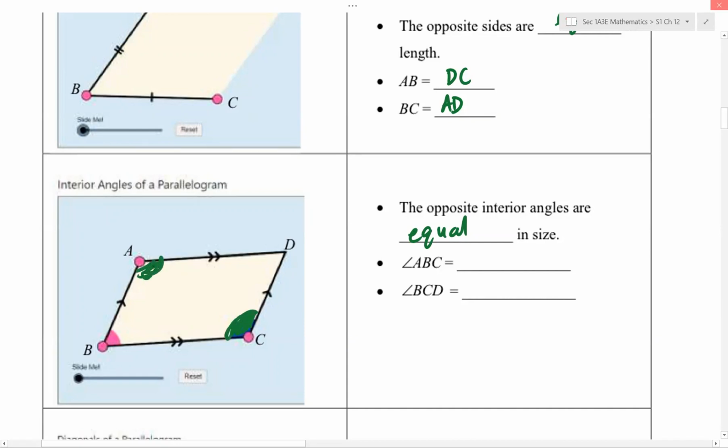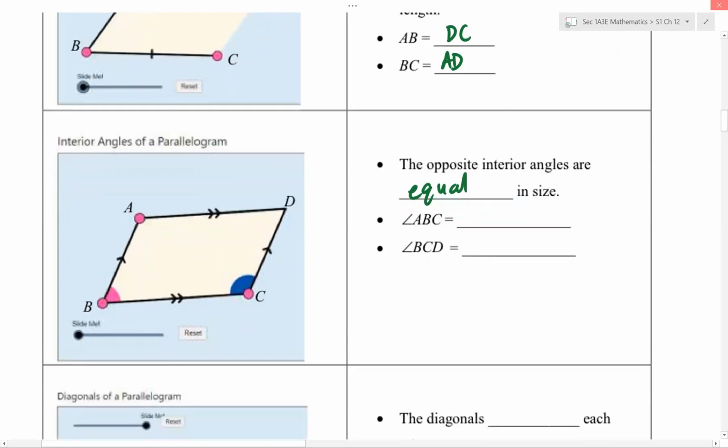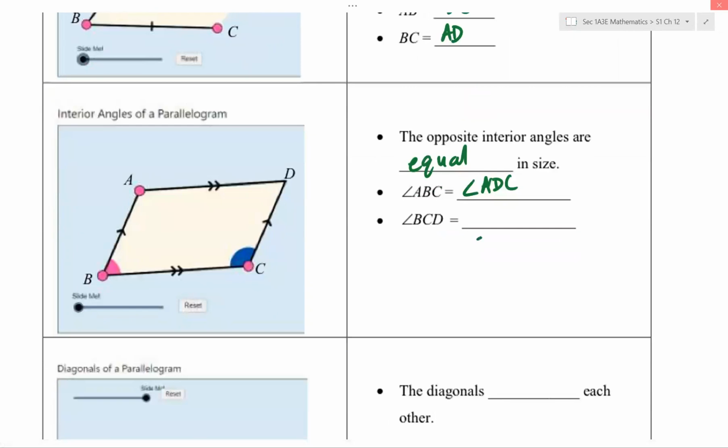You can see that they are the same size. You can even prove it if you want to. So angle ABC will be the same as angle ADC. BCD, BAD. Okay.